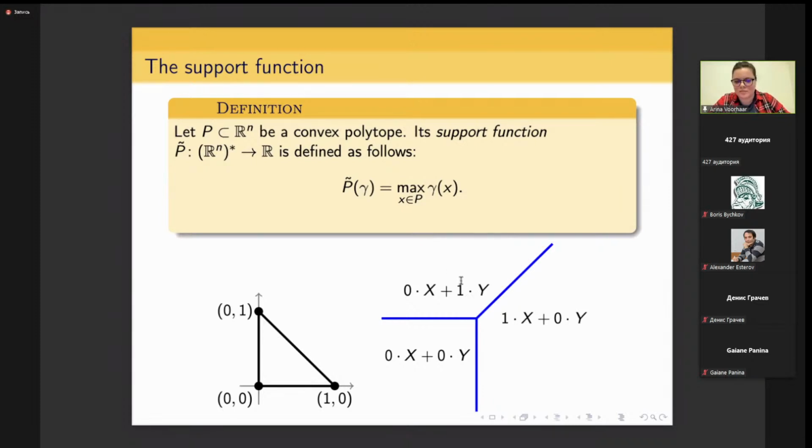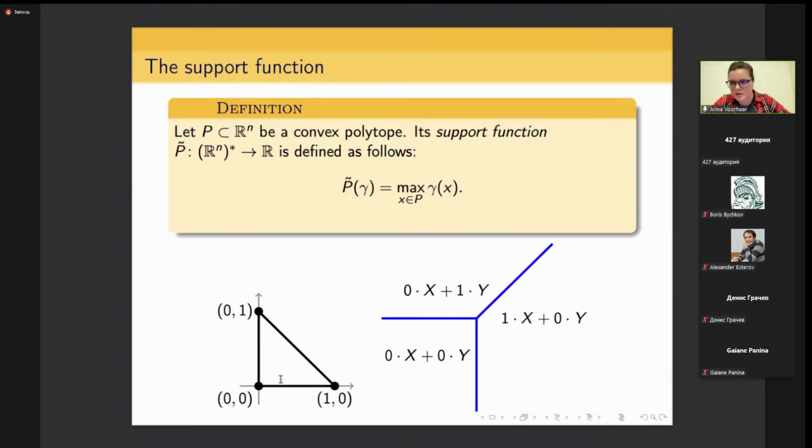For a covector pointing in this direction, the maximal value will be attained at the vertex (0, 1), and pairing the covector with the vertex, you get 0 times x plus 1 times y. For a covector pointing in this direction, the maximal point is going to be (0, 0). So we see the support function is piecewise linear.